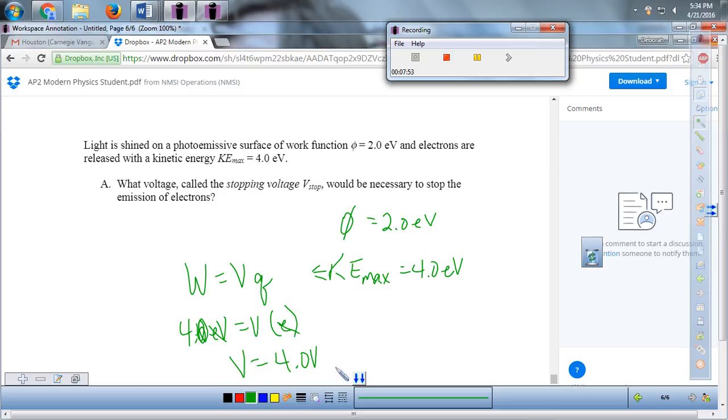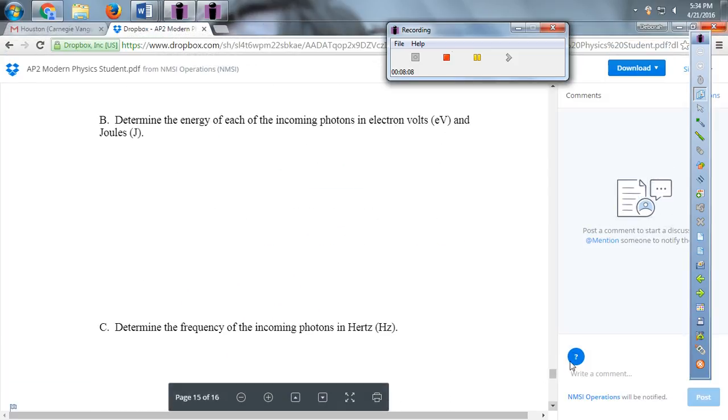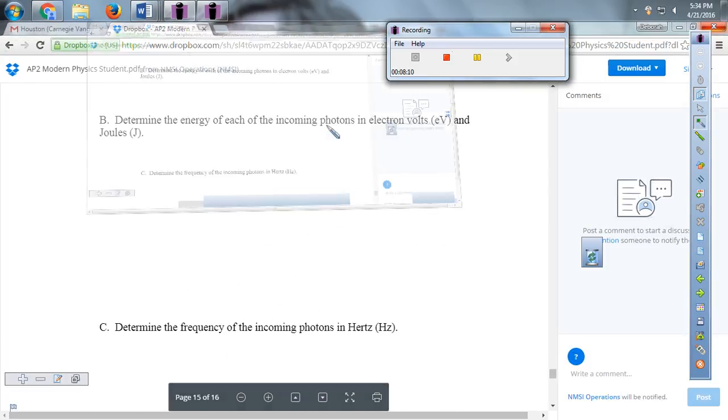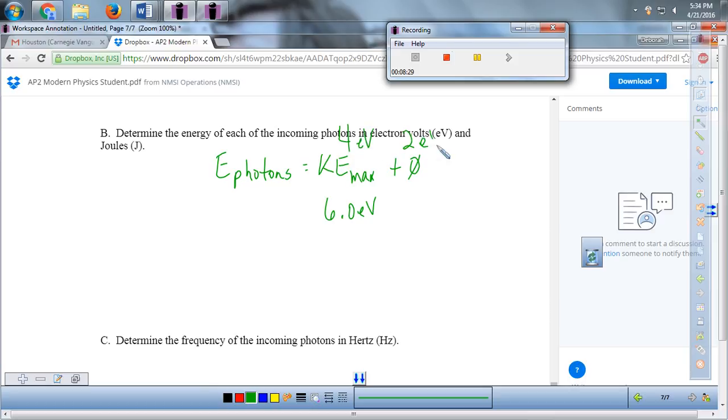Okay, then it says determine the energy of each of the incoming photons in electron volts and in joules. All right, well, that's a piece of cake, so let's do that. I just said that the energy of the photons is equal to Ke max plus V. So I know that that is 6 electron volts, because this one was 4, and this one was 2.